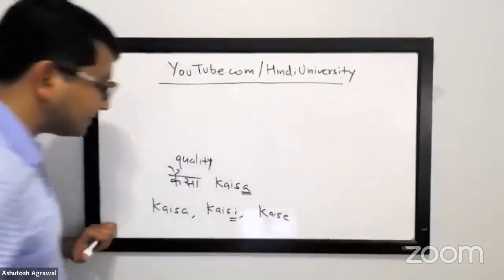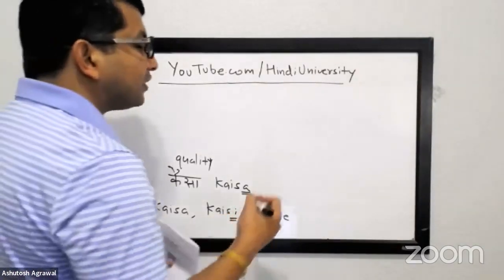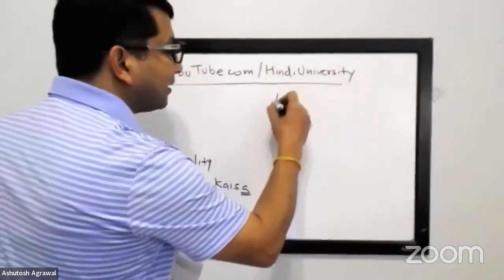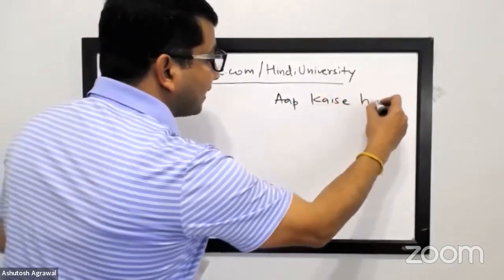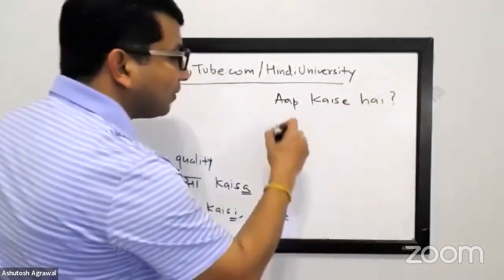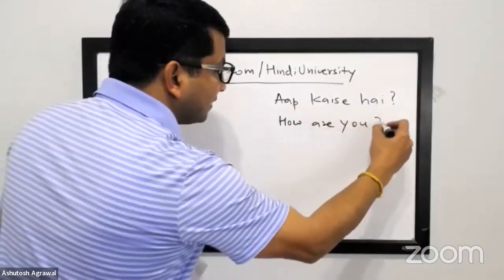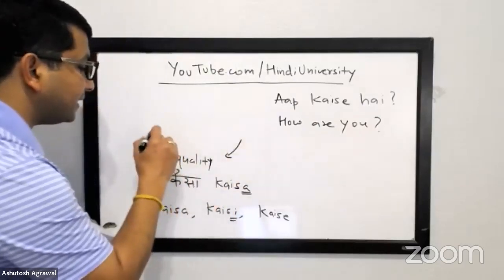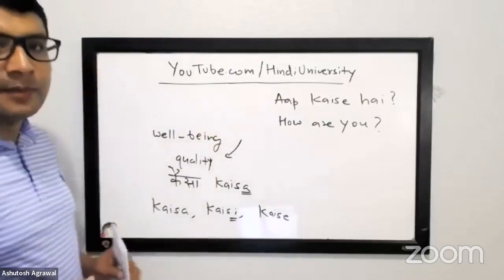We'll start with very simple examples of using kaisa. Very often when I meet you in the beginning of the session, I ask you a question, आप कैसे हैं? Which is, how are you? It's the quality or the well-being of the person I'm inquiring about.